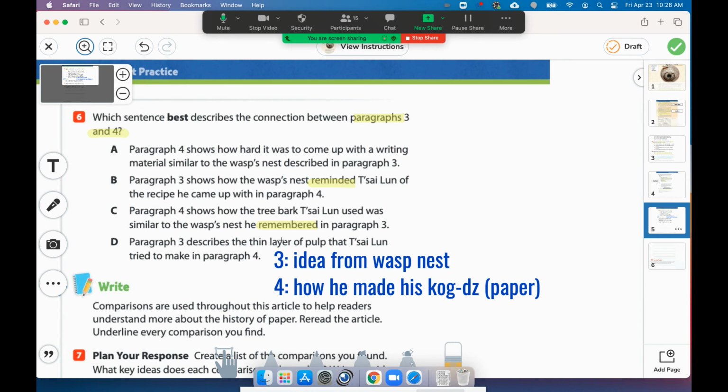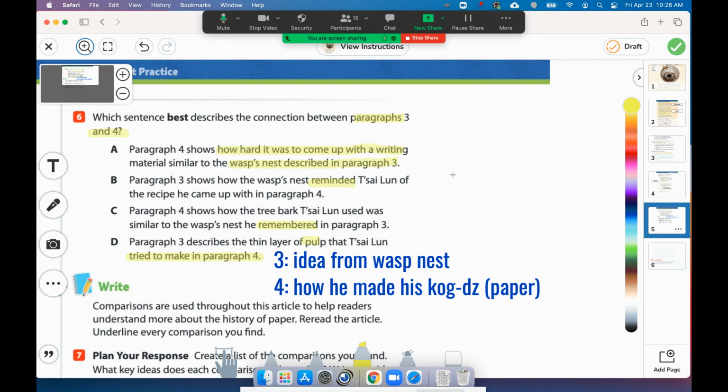Paragraph 3 describes the thin layer of pulp that Sai Lun tried to make in paragraph 4. So does paragraph 3 talk about the pulp, and does he try to make it in paragraph 4? Or does paragraph 4 show how hard it was to come up with the writing material, and it was the wasp nest that was described in paragraph 3?